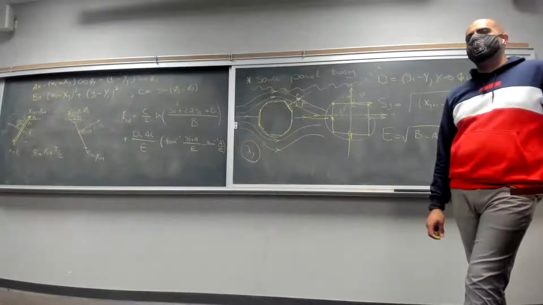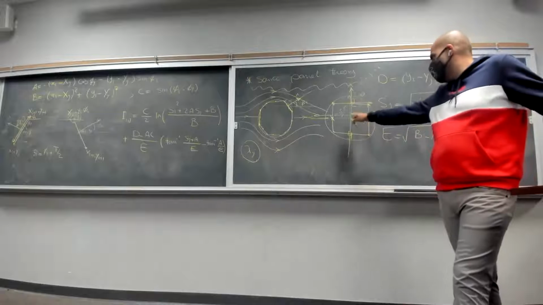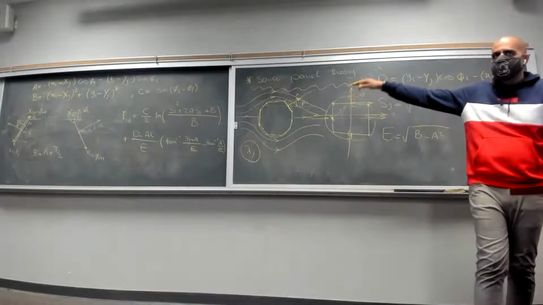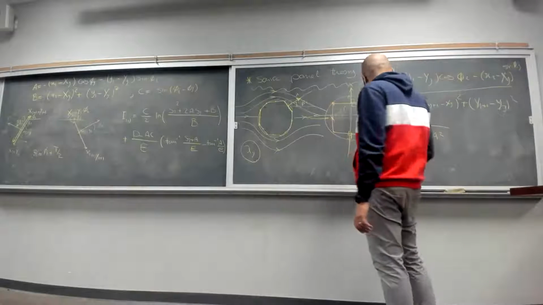Yes. It wasn't about betas and phis, no. It was just about the points, right? That's how I chose my points, right? You could have chosen it this way, right?